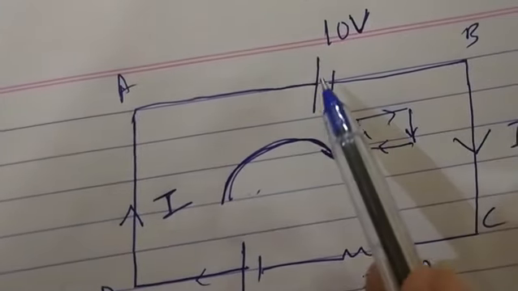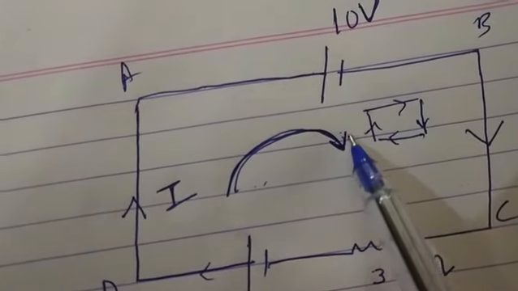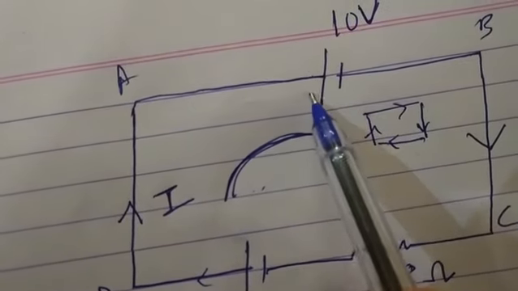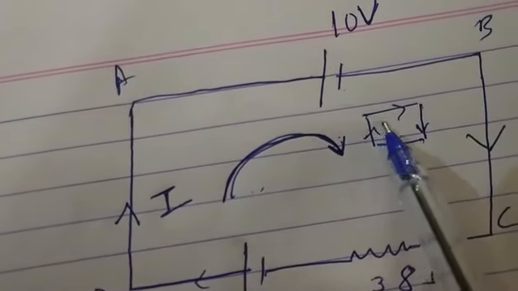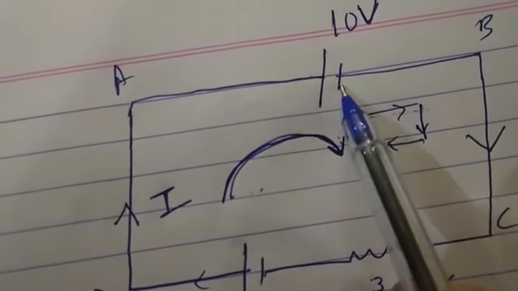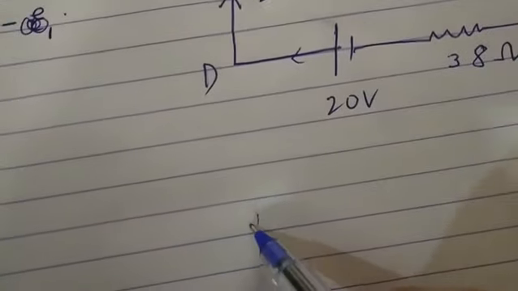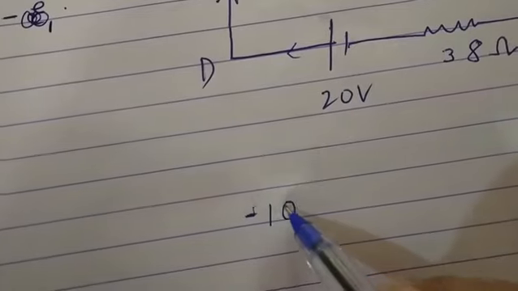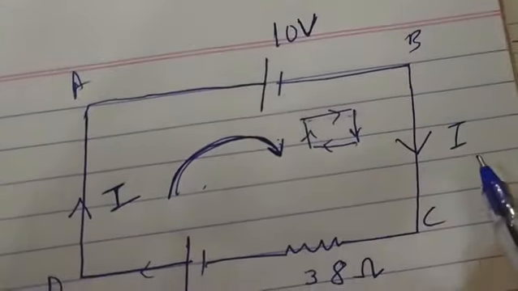First, from this cell, the ending point of the direction of calculation in the cell is negative, so we write minus 10 volt. Here current I is there.